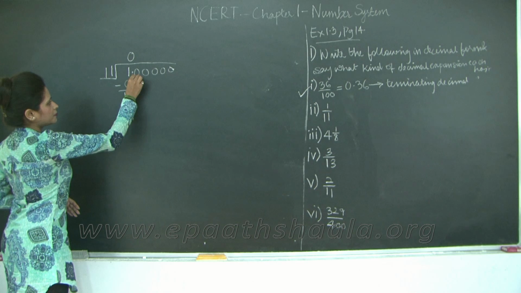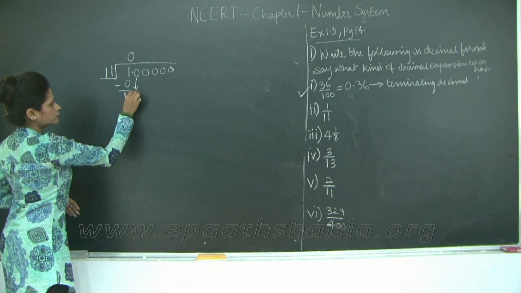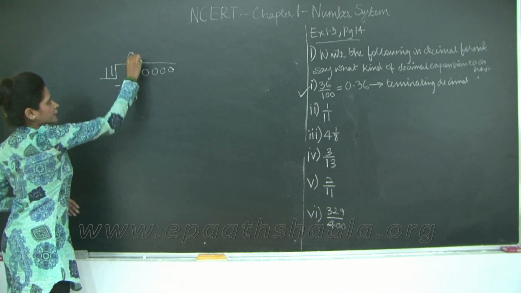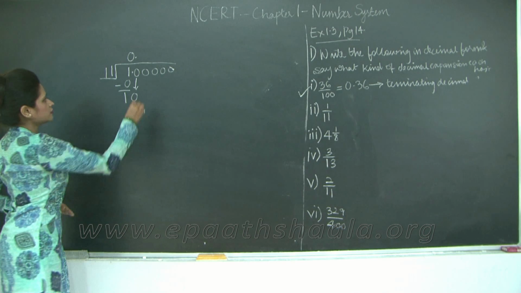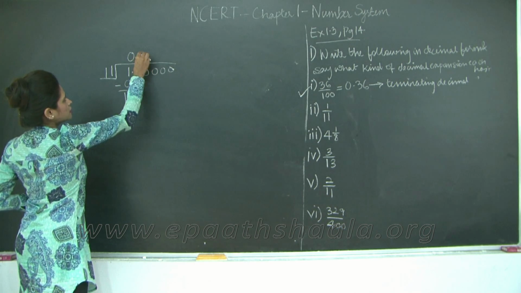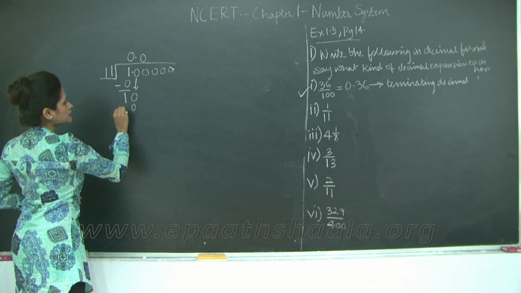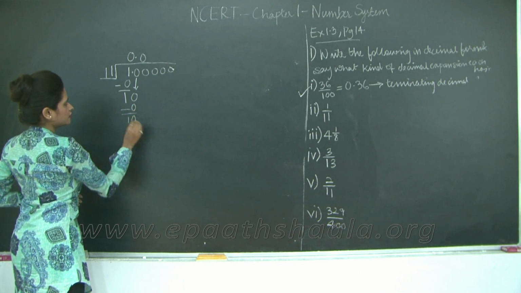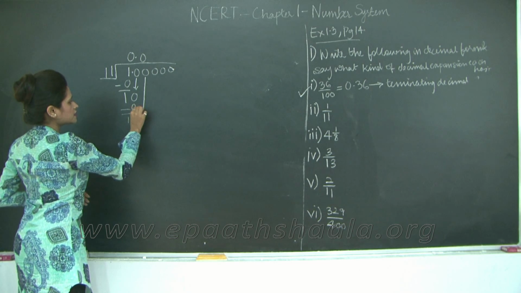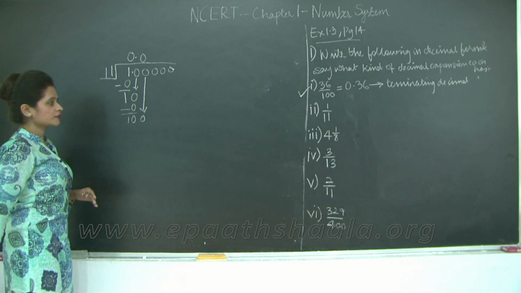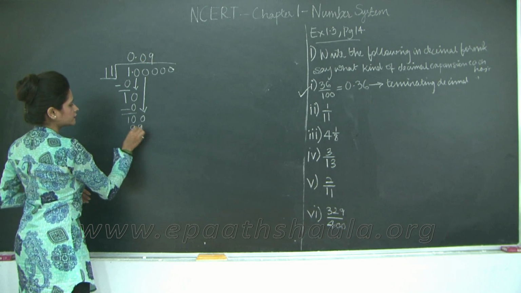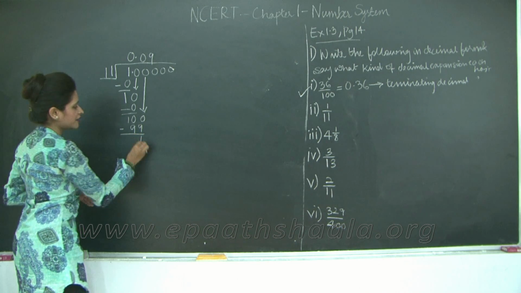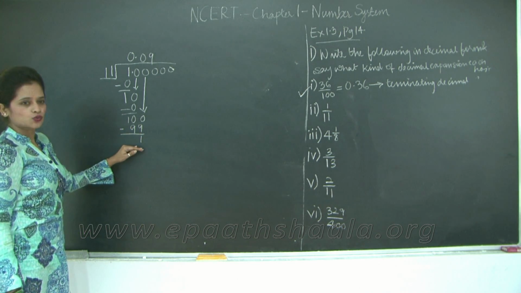So now I take down this 0 and put a decimal here. Again 11 won't divide 10, so I put a 0. I bring down this 0. Now we know that 11 nines are 99. I am left with 100 minus 99, which is 1.